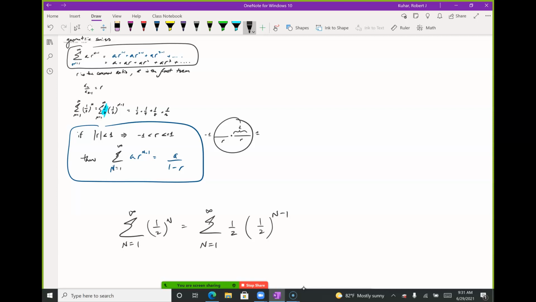You can see I've got a match here: my first term is 1/2. My radius is 1/2. And my power is matching the n minus 1. And so now I can go right into the sum. What's the upstairs, that blue piece? It's 1/2, my first term, the same factor in every piece of the sum. And then I've got a 1 minus r, and my radius is 1/2. So I've got 1/2 over 1/2, which again is 1. And there's the sum, but we knew the sum was 1.